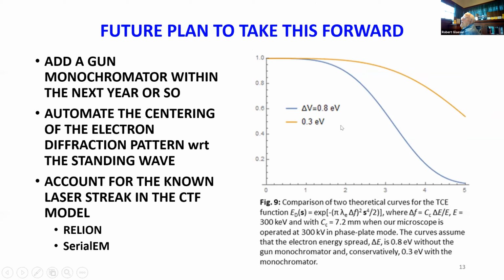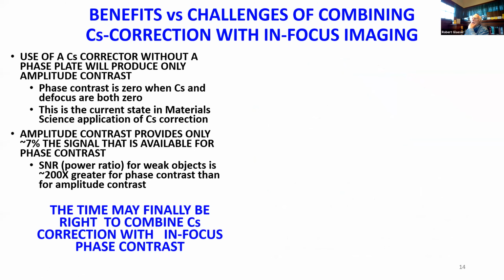But if we use a gun monochromator to cut that energy down to about a third, the envelope function should be quite good out to about 2 angstrom resolution. That's the plan. Then I can talk a little bit about the future, and then that will be it.